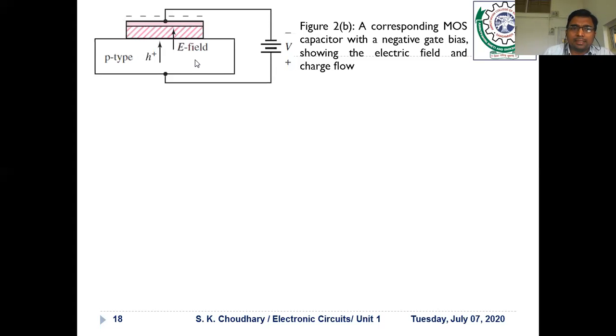You can easily see here, this is the metal structure, and this is the P-type semiconductor that is playing the role of the bottom plate, and in between we have a SiO2 layer that is playing the role of the insulator or dielectric here.